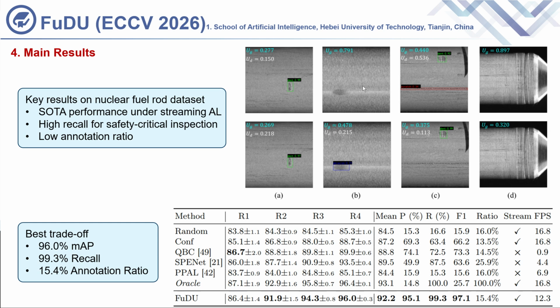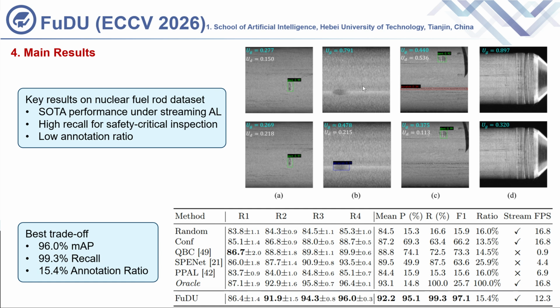On nuclear field road defect detection datasets, FuDU achieves 96% mAP and 99.3% recall, while annotating only 15.4% of samples.